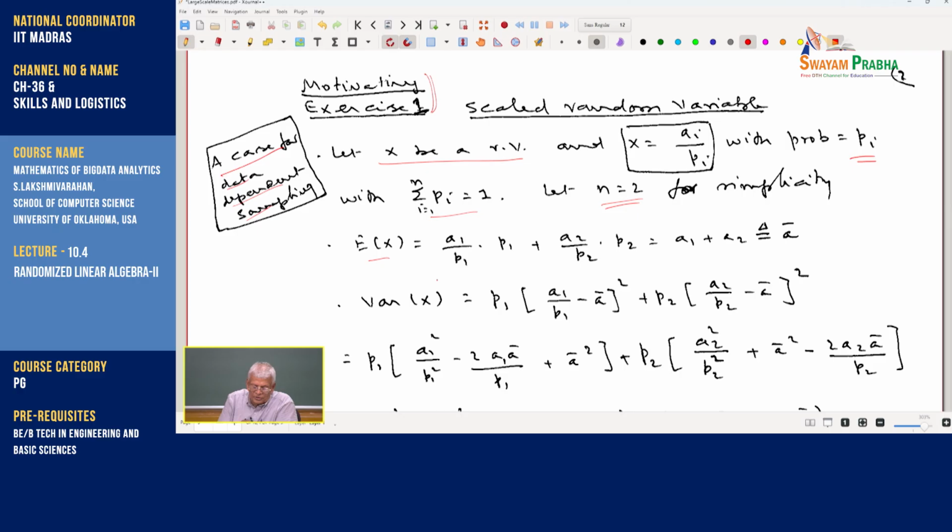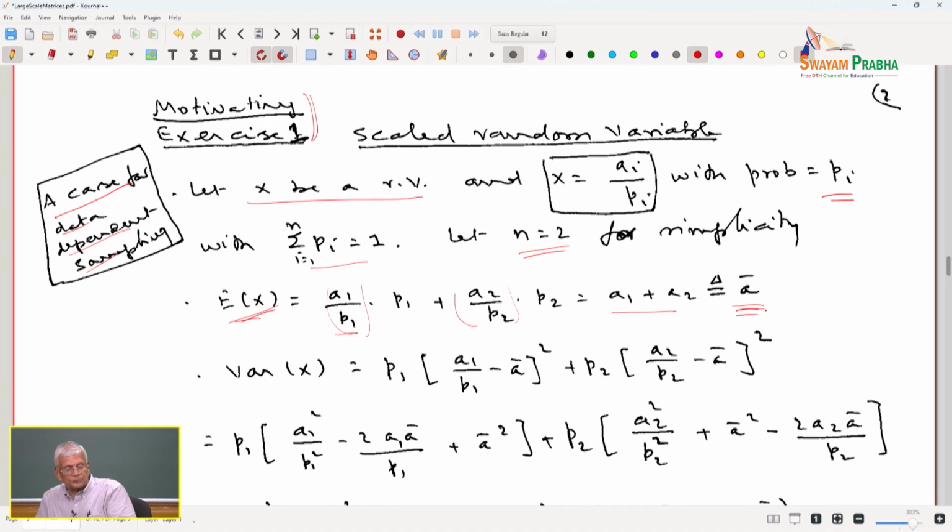Therefore, the expected value of x is a1 by p1 times p1 plus a2 by p2 times p2, which is a1 plus a2, which is A bar. A1 plus A2 is the exact value. So, the estimate is exact. Originally the random variable x happened to take value A1, A2. I am going to pick A1 with a probability P1, A2 with a probability P2, but instead of picking A1, I am taking a value scaled by P1.